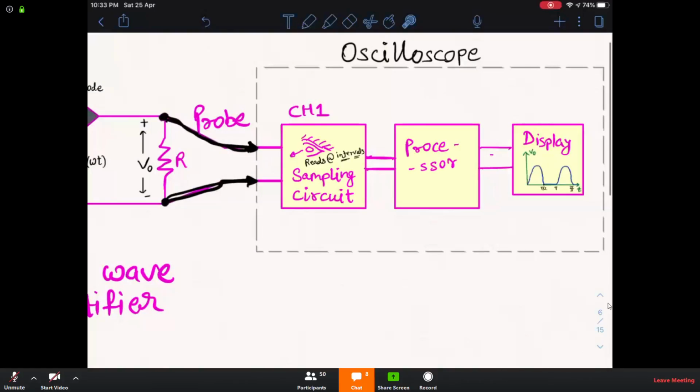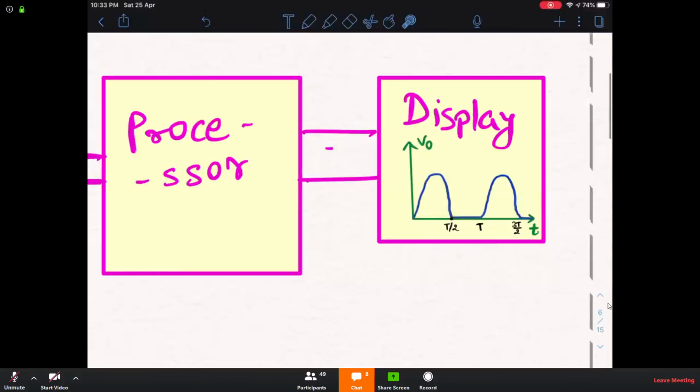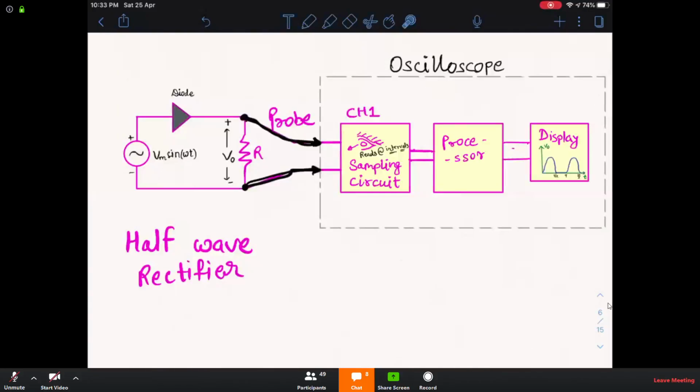So you can see that the output voltage will appear on the display like this. You can see this half wave sine wave. So this is a block diagram kind of thing for an oscilloscope.